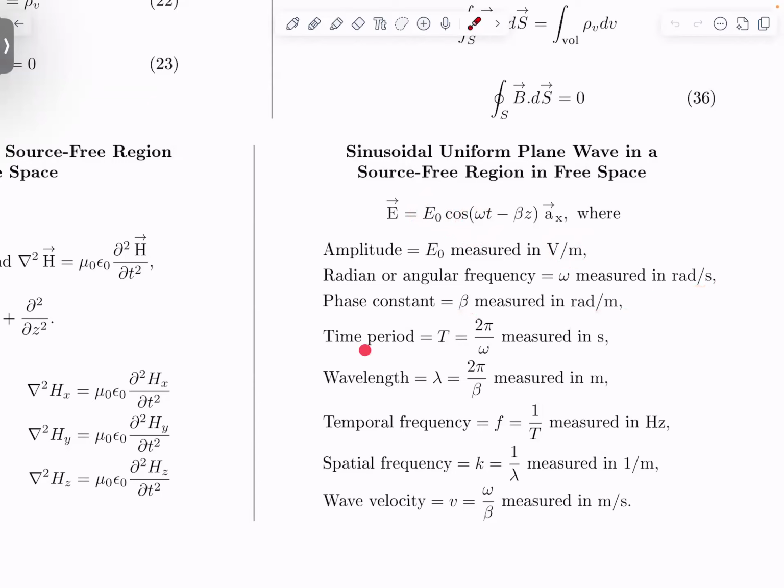We multiply by e to the j omega t, and then take the real part of that. So the electric field in time domain will be the real part of e to the j omega t e to the minus alpha z minus j beta z, and then ax.